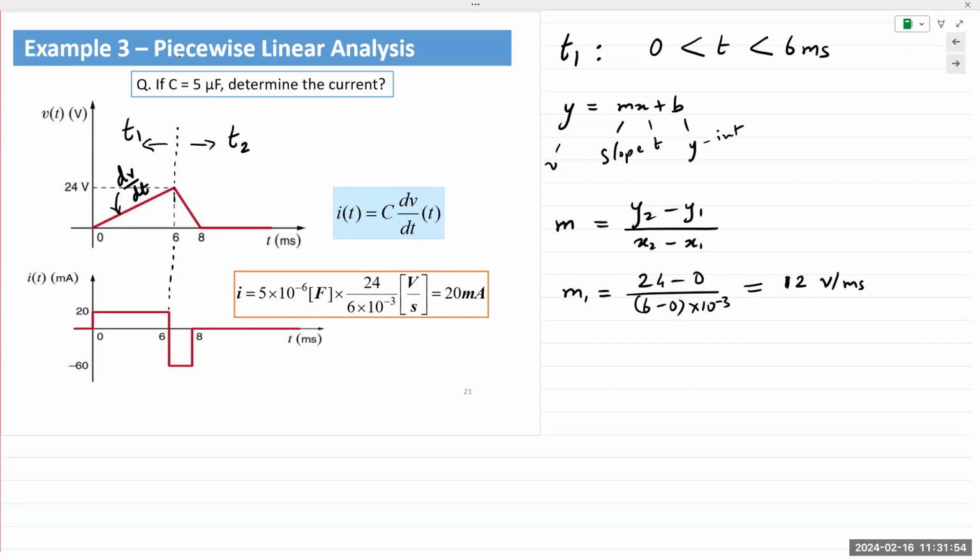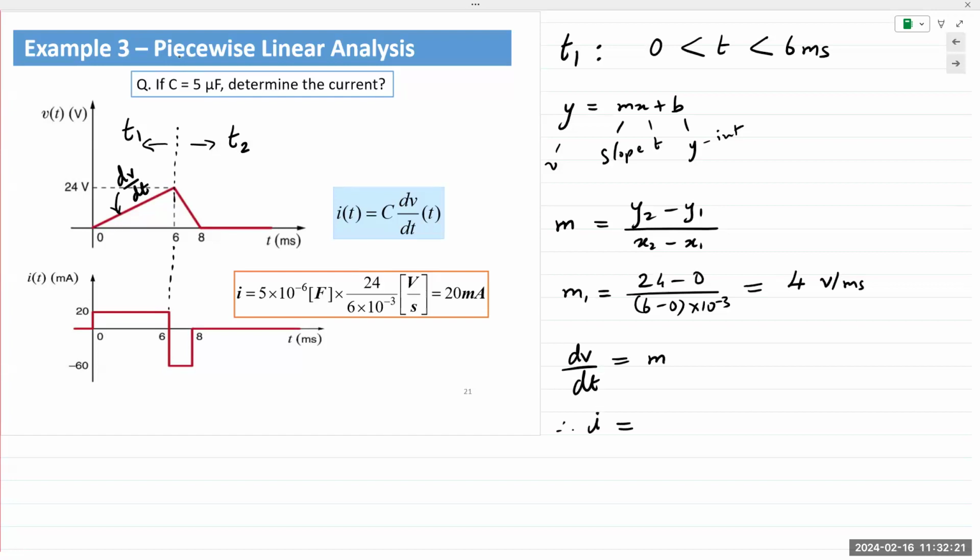No, sorry, not 12, 4. 4 volts per millisecond. And then I already established that dV over dt is equal to M.